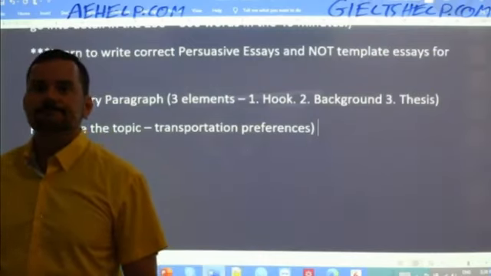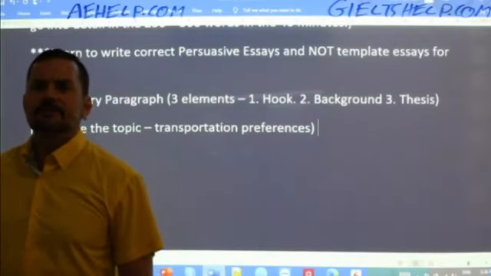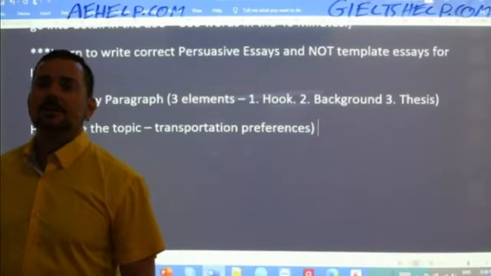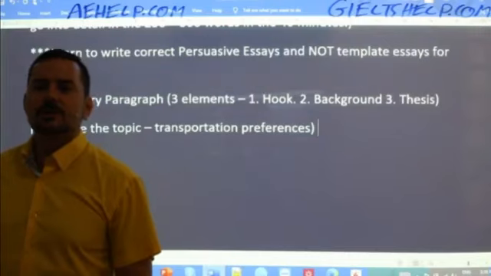Okay. Peya says individual preferences towards transportation is different throughout the country. Yeah, Peya, that works. Sure. Abhishek says transportation is an integral part of livelihood on a daily basis. All right. Good.